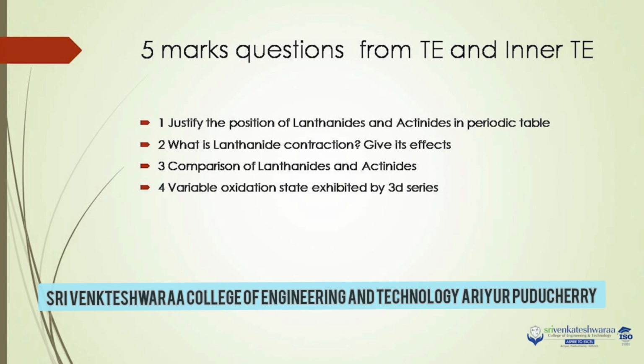The next one is about actinide contraction being greater than lanthanide contraction. Why? In actinides, electrons are filled in the 5f subshell, and in lanthanides, electrons are filled in the 4f subshell. The 5f subshell has a poorer shielding effect than 4f, and that is the main reason the actinide contraction is greater.